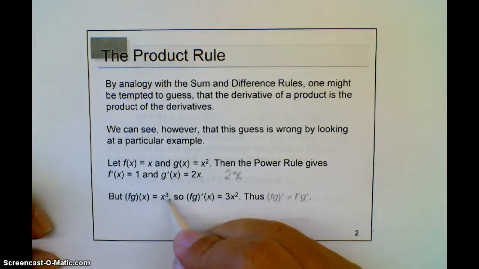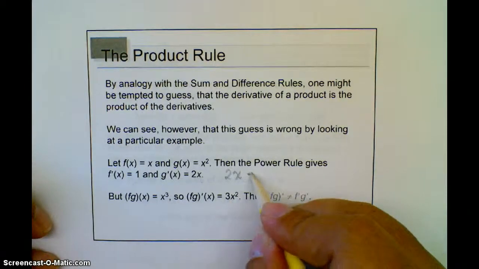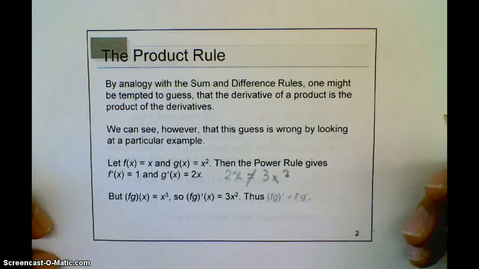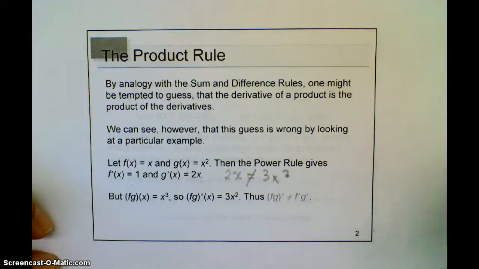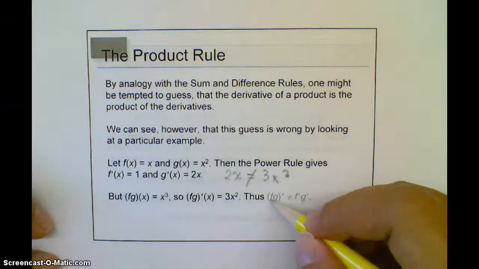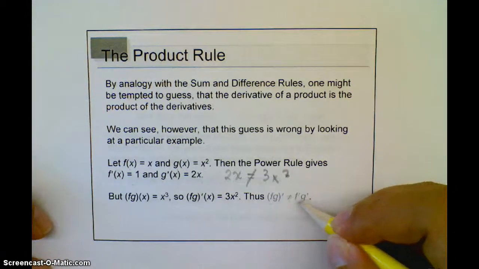But when I'm trying to take the derivative of x cubed, this is 3x squared, which is not the same as 2x. So definitely I can't just multiply the derivatives of each. And it is stated here, the derivative of the product is not the product of derivatives.